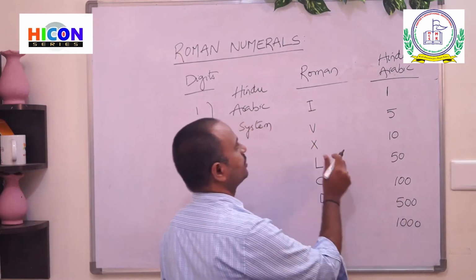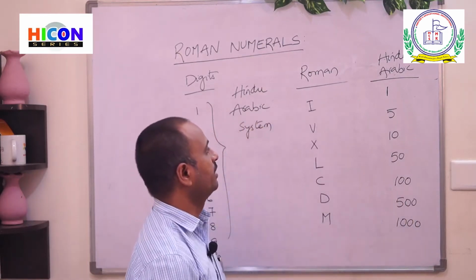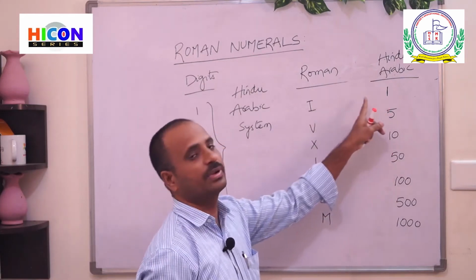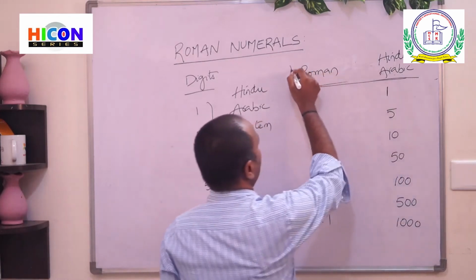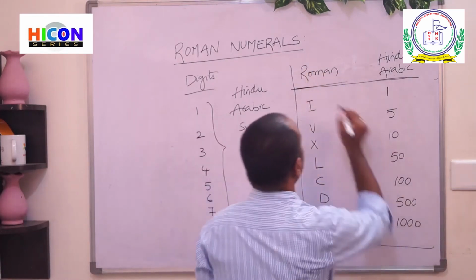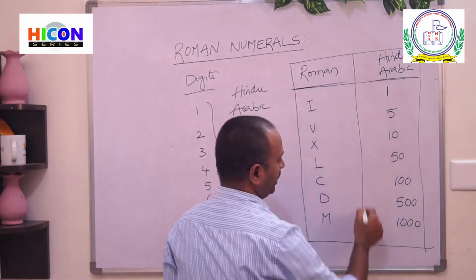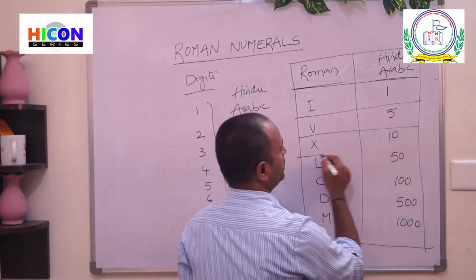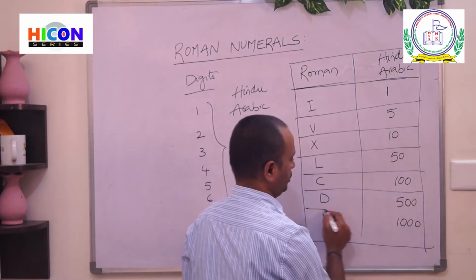Children, these are the symbols in the Roman system and their equivalent numbers in the Hindu-Arabic system. This is about Roman numerals and the Hindu-Arabic system. Now you have to remember these 7 Roman symbols and their equivalents.